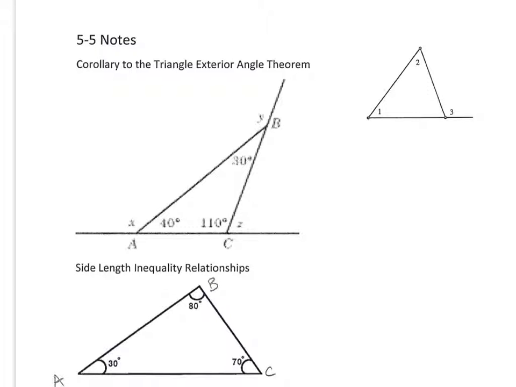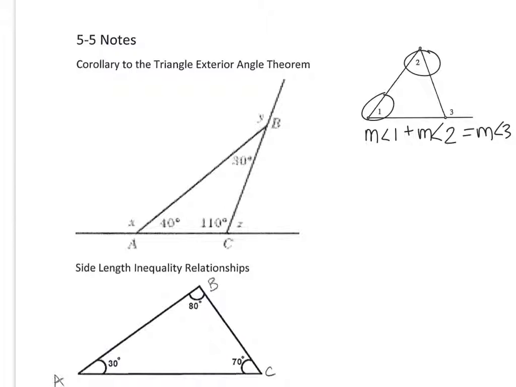The triangle exterior angle theorem states that the measure of angle 1 plus the measure of angle 2 has to equal the measure of angle 3. The two remote interior angles, when you add them, equal the exterior angle.